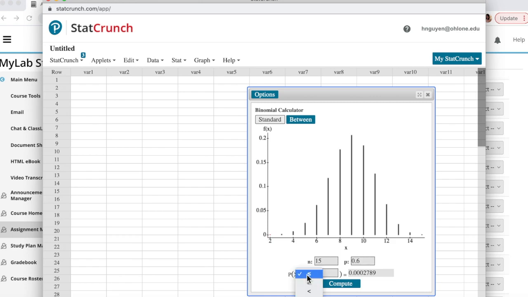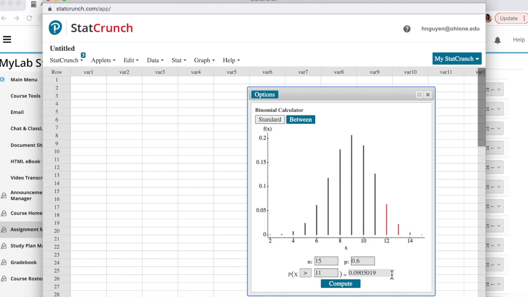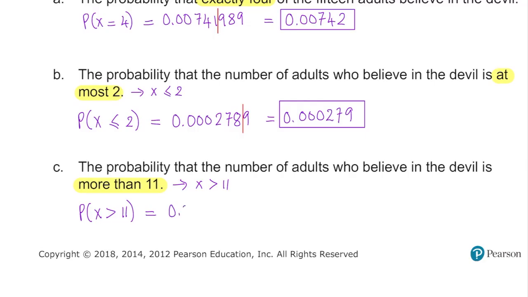I want x to be greater than 11. And compute. My answer is 0.0905019. There was no instruction, so I'm going to round to 3 significant figures. And I got 0.0905.